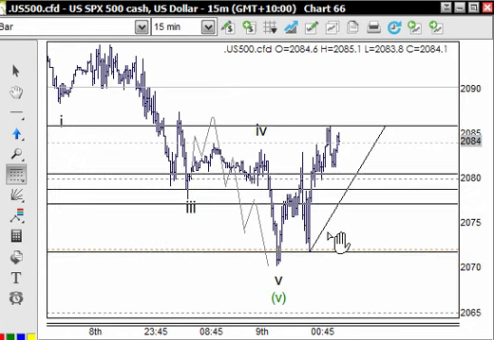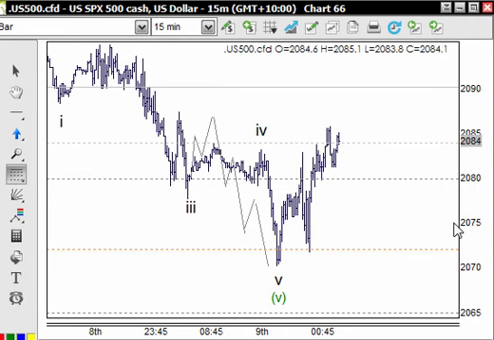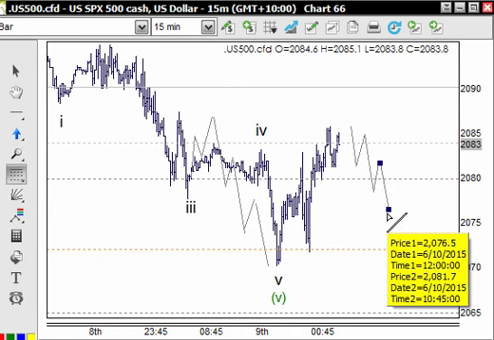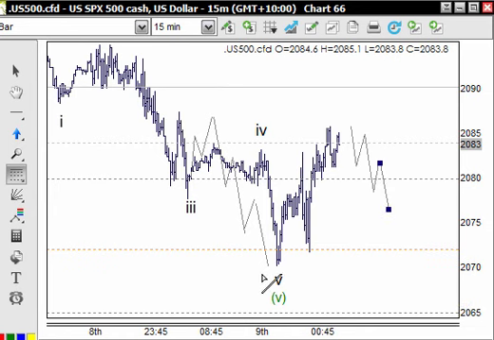Yeah, it's not enough here. So the 2075 as a retested resistance is obviously where it's going to collapse from. Also, if you can see 5 waves coming down from the high here, then you know that it's a bit doomed at that stage as well. Anyway, just trying to find a low, splitting hairs, I guess.